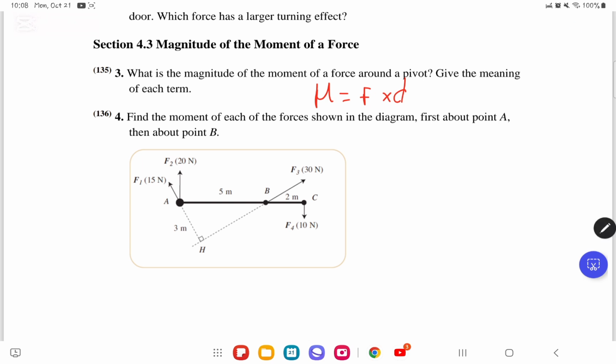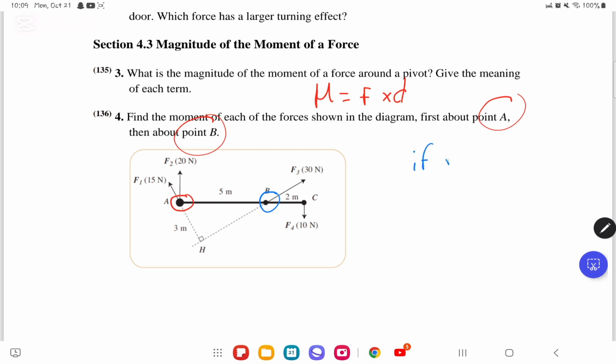Now we need to find the moment of each of the forces shown in the diagram. First about point A, then about point B. So the first thing we need to do is take A as the axis of rotation, and then the second is to take B as the axis of rotation.